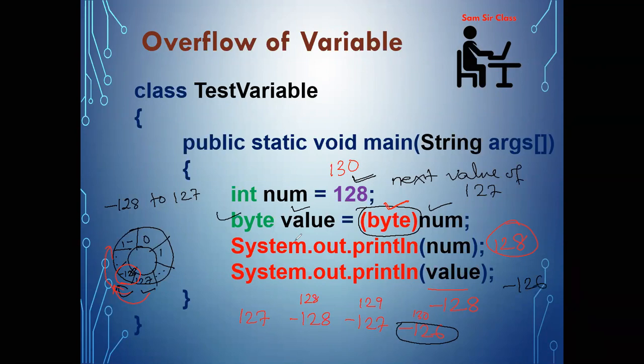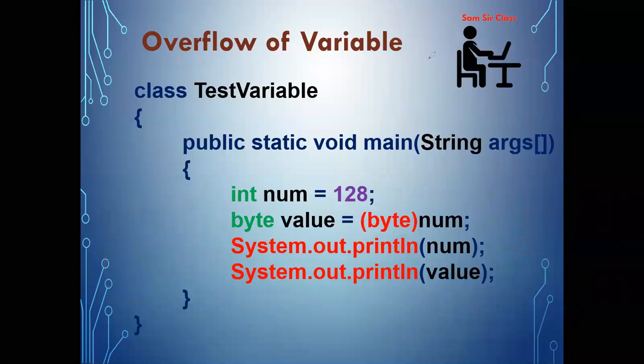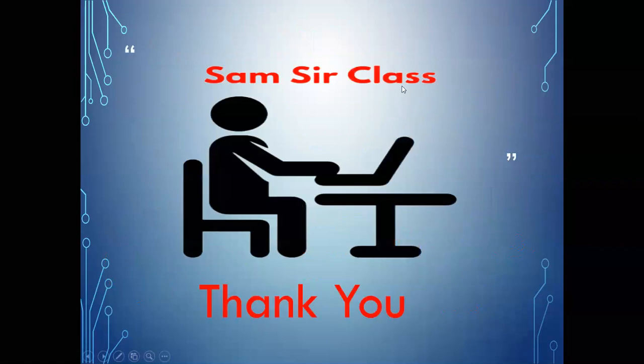Whenever you assign any value beyond the range of a particular data type, the cycle will continue, and because of that you will get some unexpected value due to the concept of overflow of the variable. Clear? So this is the overall idea regarding variables, their usage, typecasting, and overflow of variables.